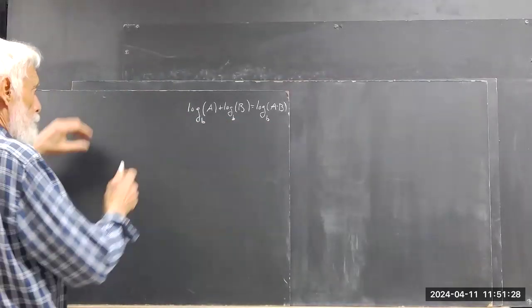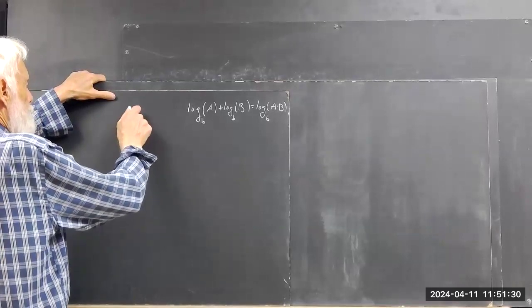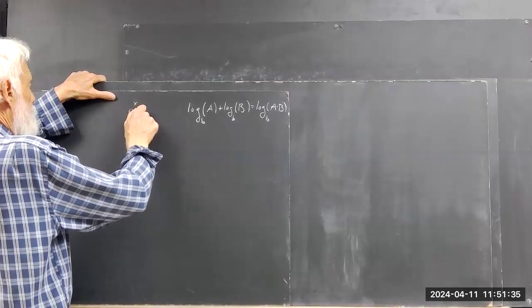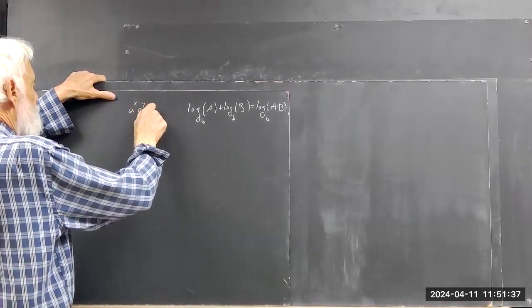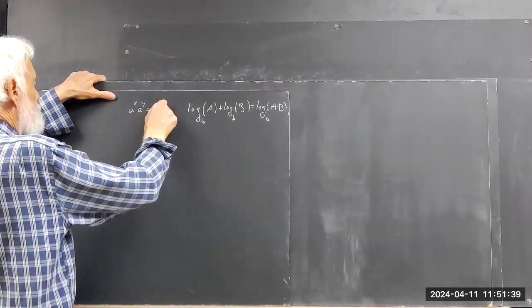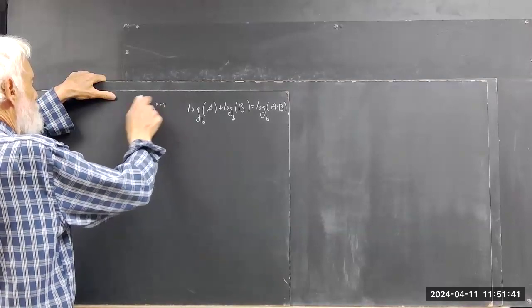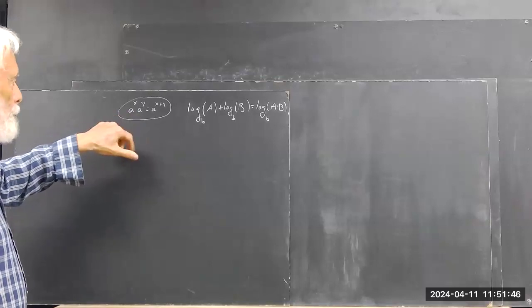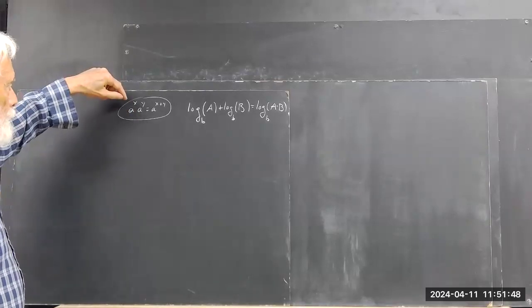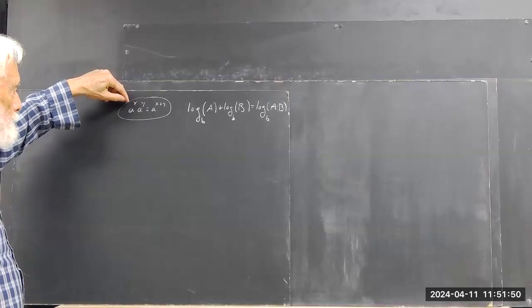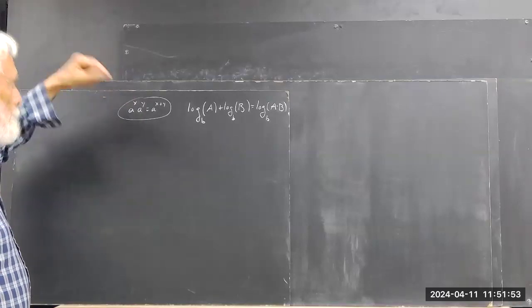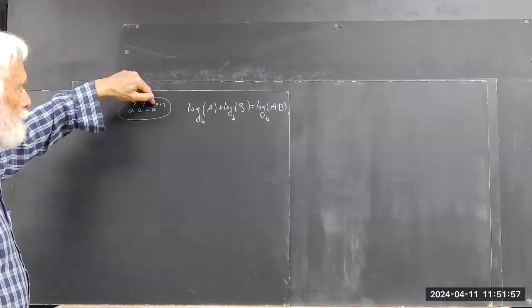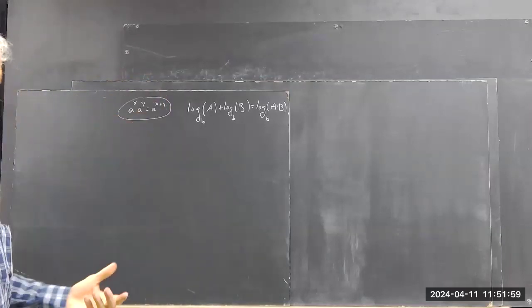Okay. And this is kind of related to the idea that A to the X times A to the Y equals A to the X plus Y. When you multiply a power of A times another power of A, you add the powers, and it should be clear why that's true.